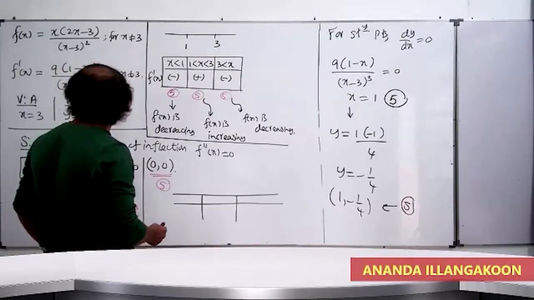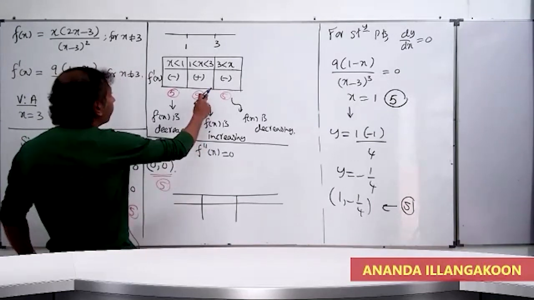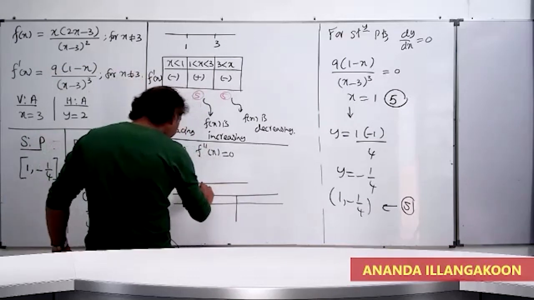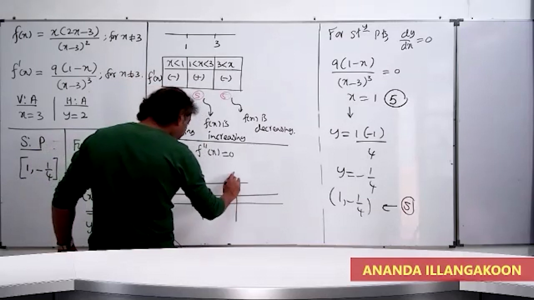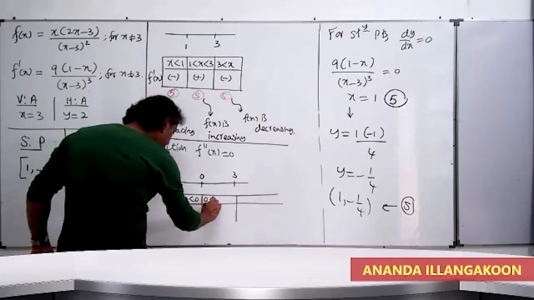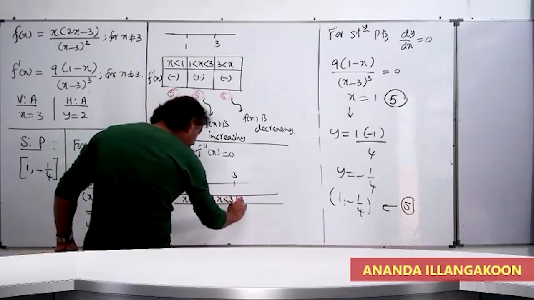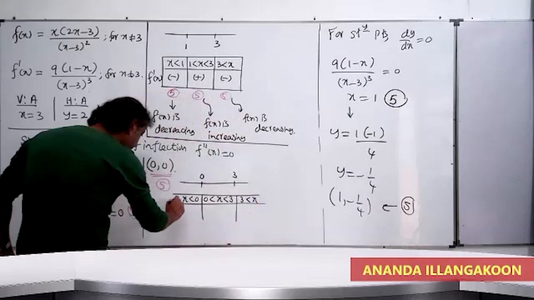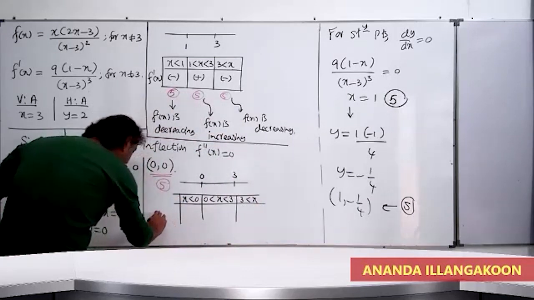The vertical asymptote we found to be at x equals 3, no? Here 0 and 3. x less than 0, 0 to 3, this way. This is the f double dash x sign.